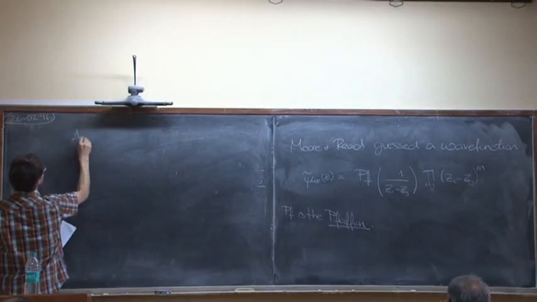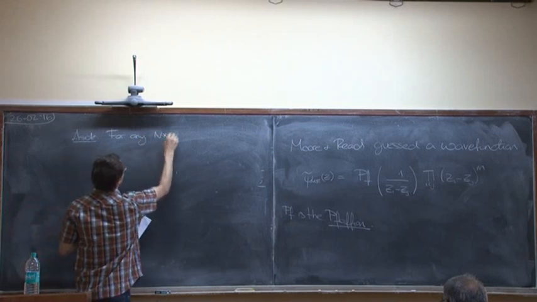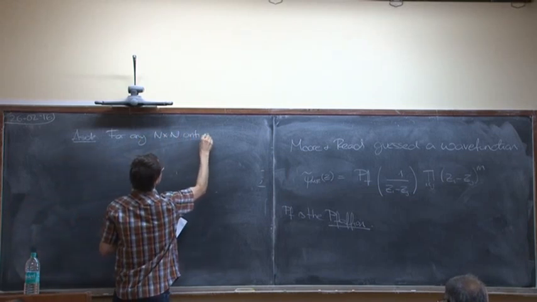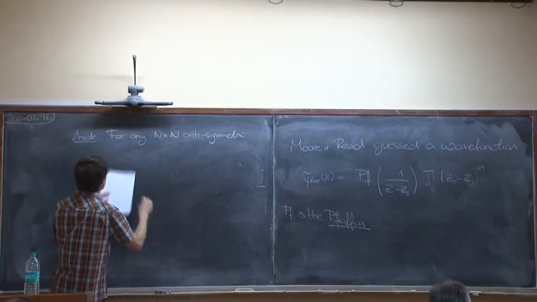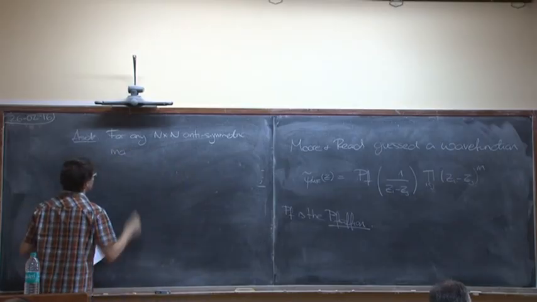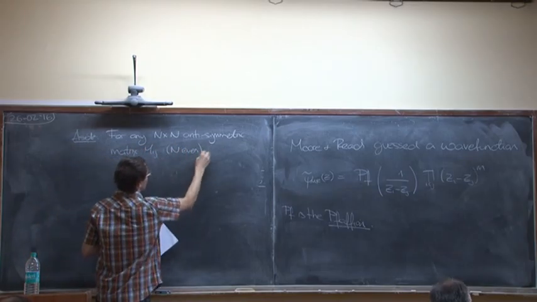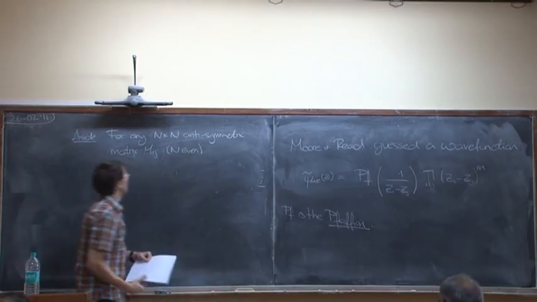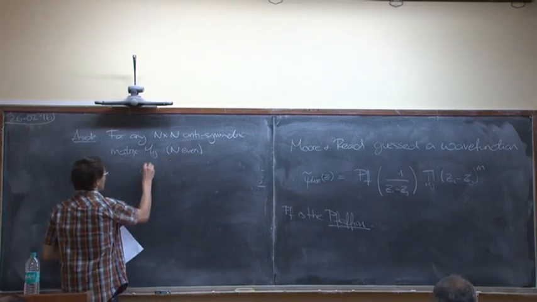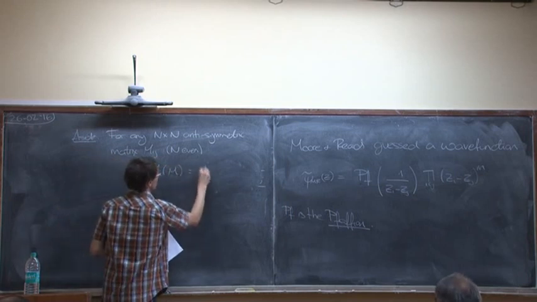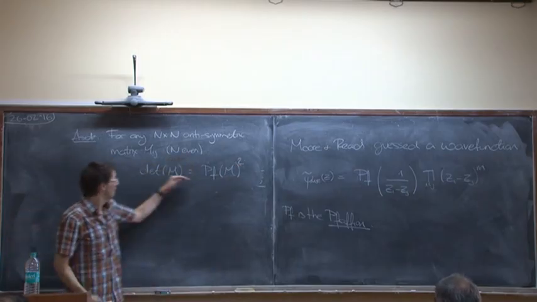So just as an aside, for any n by n anti-symmetric matrix M_ij, with non-zero determinant, so n should be even, the determinant of M is always a total square, which is a statement about linear algebra.